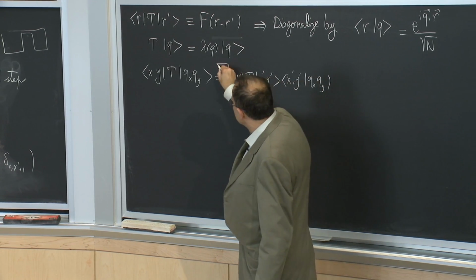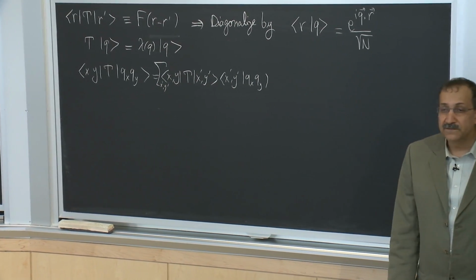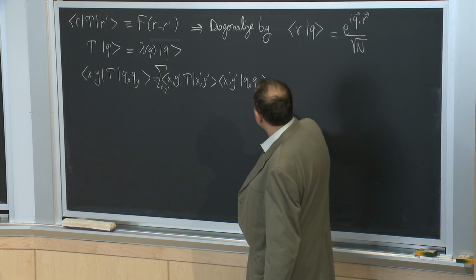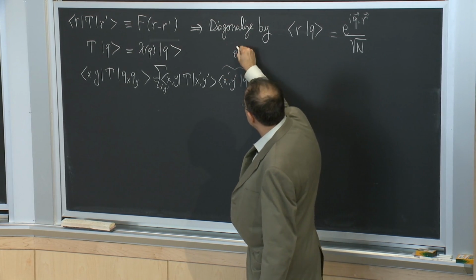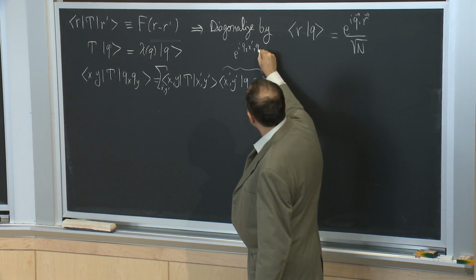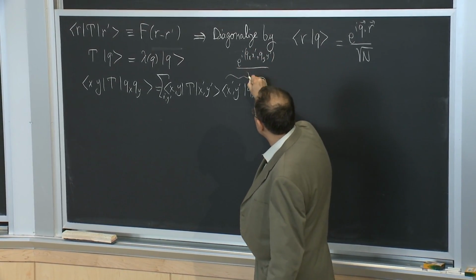And of course, I have a sum over x prime and y prime. That's the matrix product. And so again, remember, this entity is simply e to the I qx x prime plus qy y prime divided by square root of n.